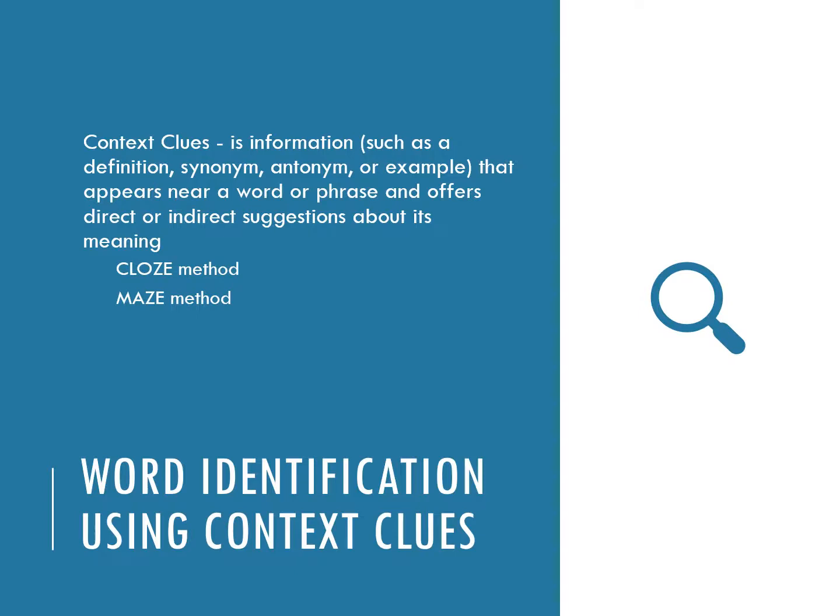This isn't a strategy that students with reading disabilities know to do automatically, so we have to teach this skill or strategy. And there's two ways you can teach students to use context clues to determine a word they don't know. The first one I discuss is the cloze method, and the second way is the maze method.